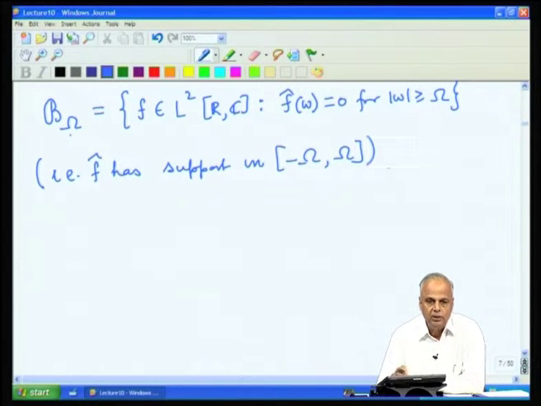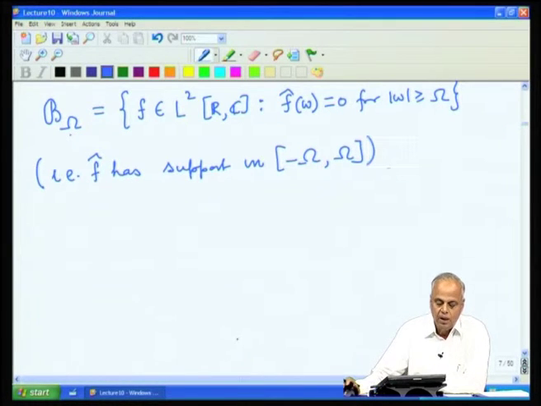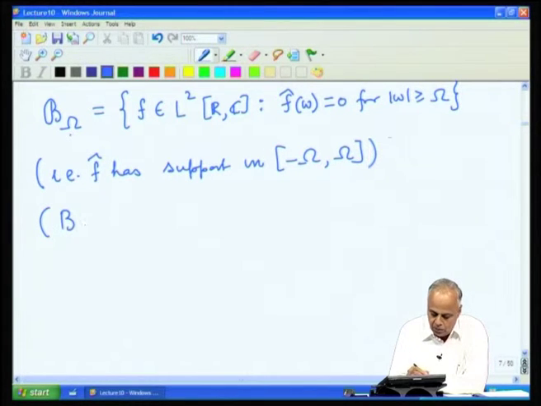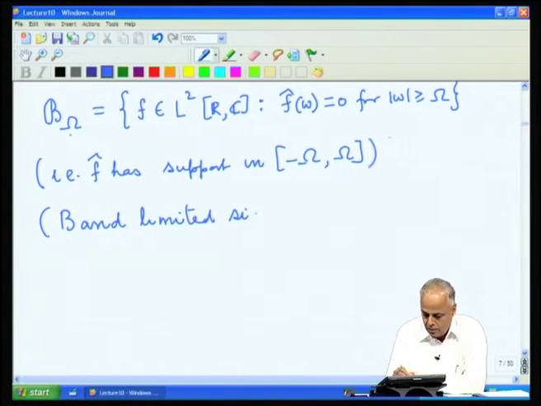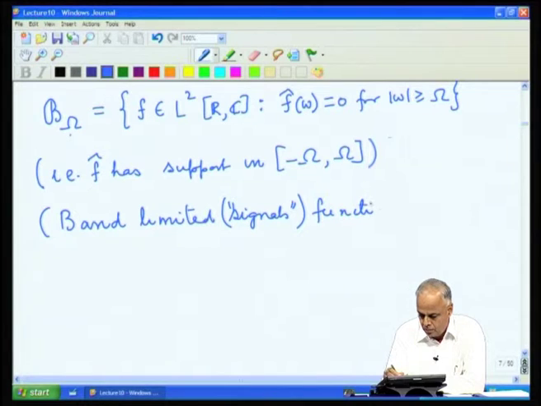Such functions are called band limited functions. In the context of signal processing, these are called band limited signals with omega as the bandwidth. So, these are band limited signals or band limited functions with bandwidth omega.